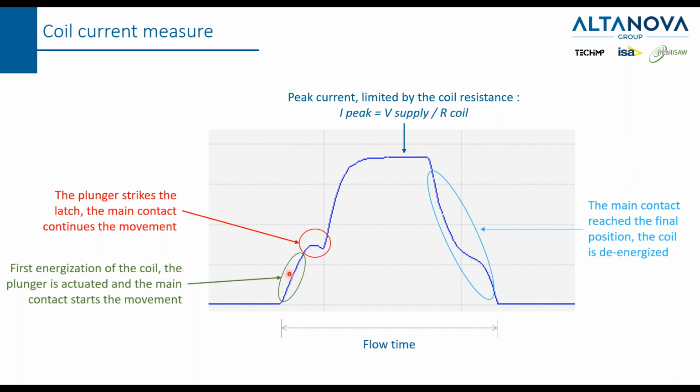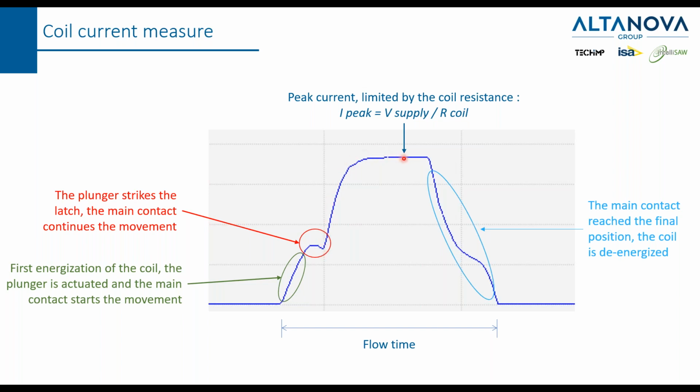But when the plunger strikes the latch, and the main contact continues the movement, you can see a drop in the current. This is telling you that more force is required in the breaker, so this is an indication that something is applying effort to do something.